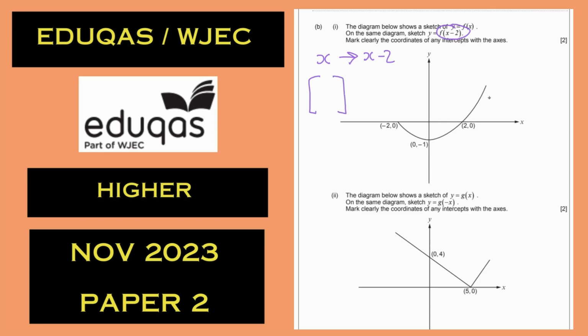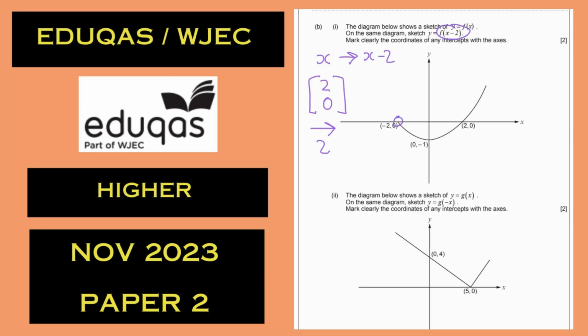If it was a plus or minus 2 on the end, that would affect vertical. This is not. This is a horizontal movement. The question is left or right. Horizontally, it's always the opposite way round.